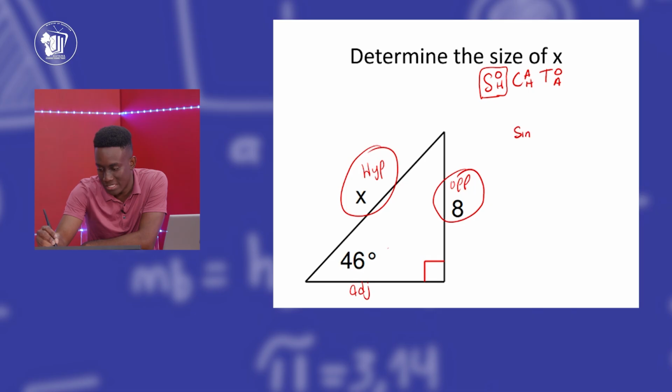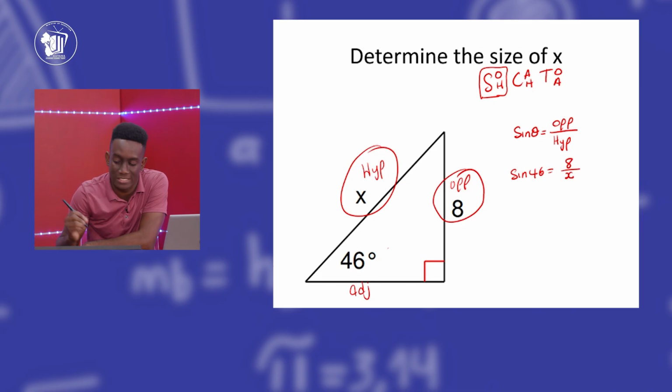So sine theta is equal to the opposite over the hypotenuse. So in this case, sine theta, theta would be 46, is equal to the opposite, which is 8, over the hypotenuse, which is x in this case. So we solve for x. We have to do an additional step just like what we did just now. So the x is dividing.